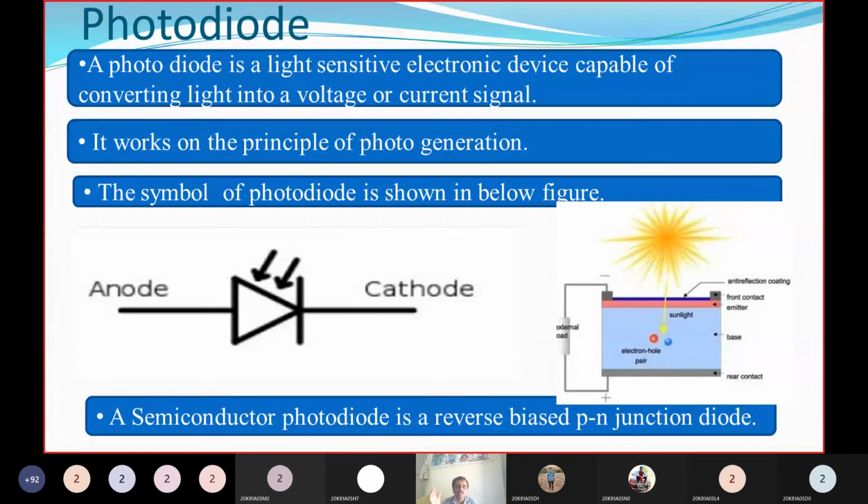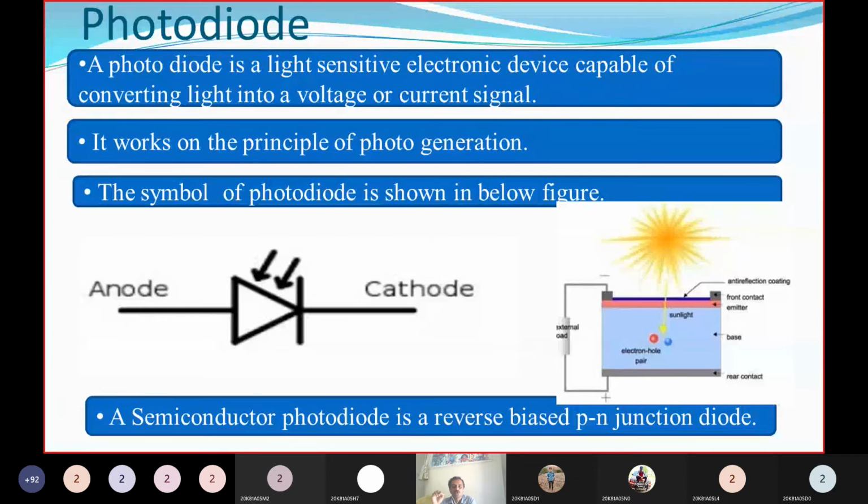But in the case of an LED, the depletion layer width should be small, which means high doping: the P region and N region are heavily doped, so the width of the depletion layer decreases.